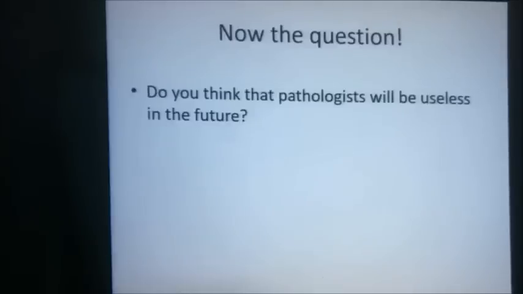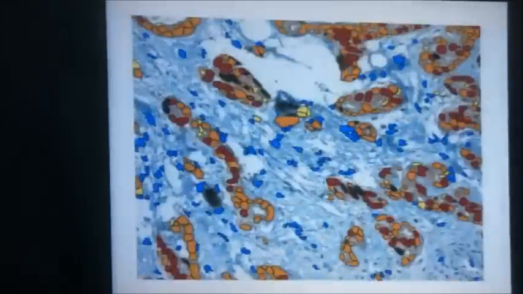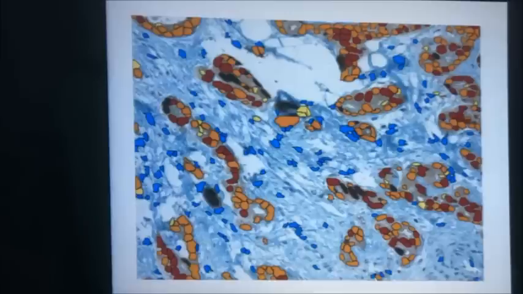Now the question raised by scientists: will pathologists be completely replaced by technology? I will just show you an image that will show you that this is impossible. See here what happened.